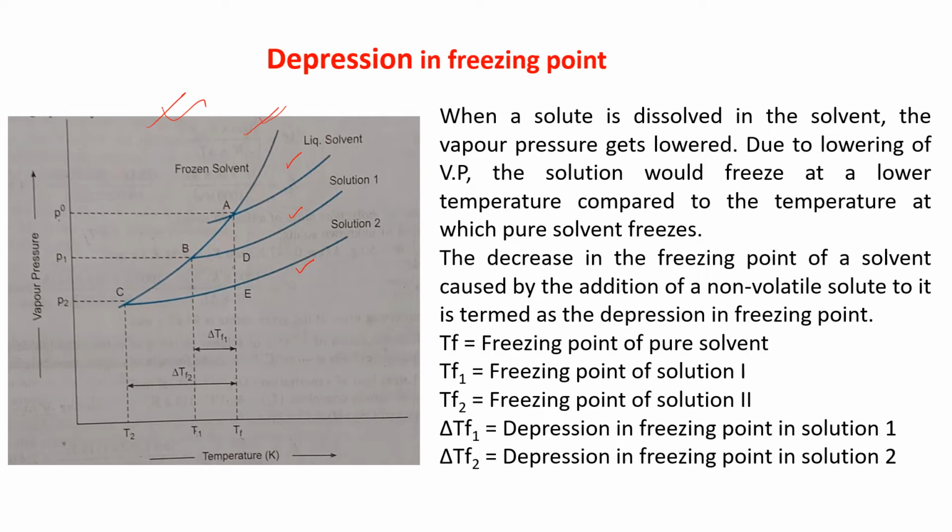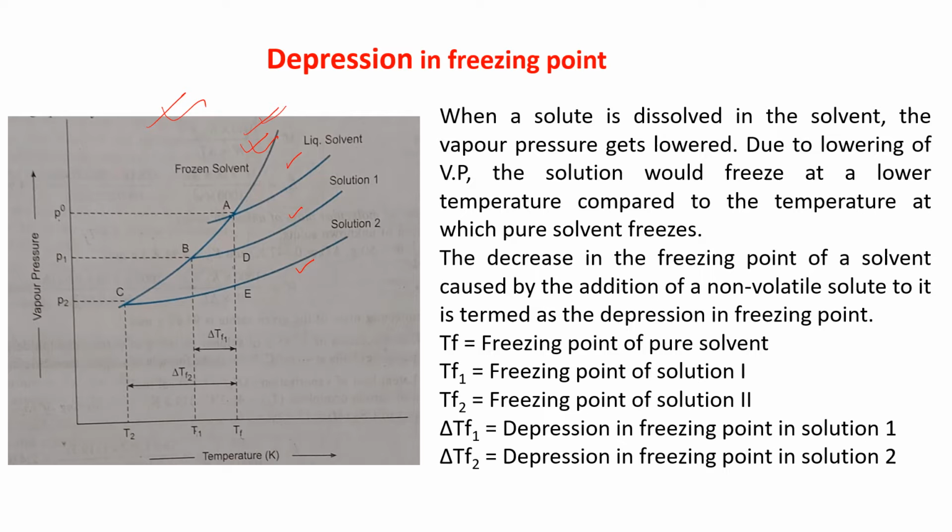Solution 1 also has a particular temperature of freezing. Solution 2 also has a particular temperature for freezing. If you take those points, the freezing points of pure solvent, solution 1 and solution 2, and draw a graph, then we can get the graph for frozen solvent. This graph we have got like that only.